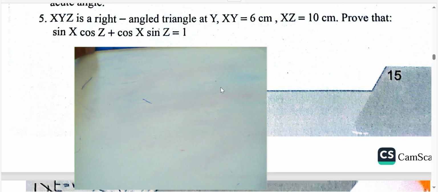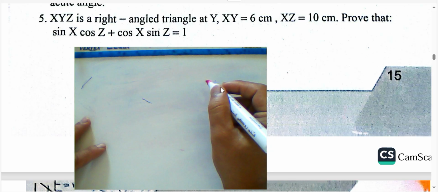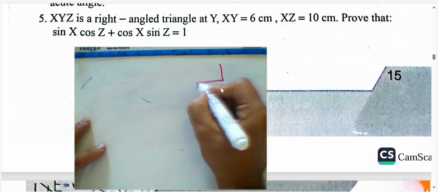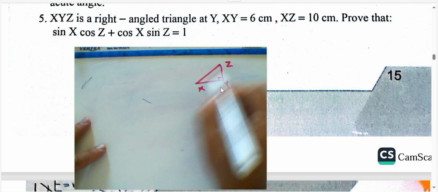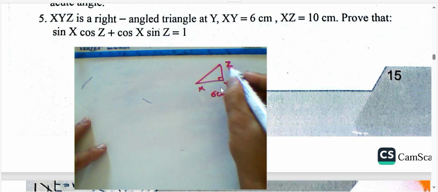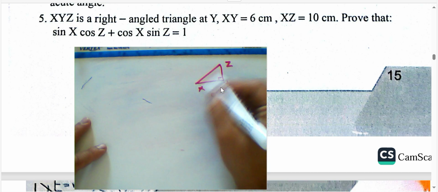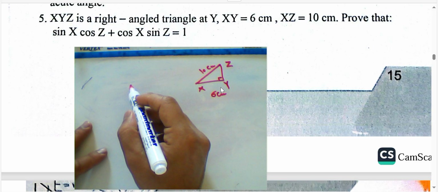We have a right angle triangle XYZ, right angle at angle Y, and XY is 6 centimeters, XZ is 10 centimeters. We can find YZ from Pythagoras theorem first.